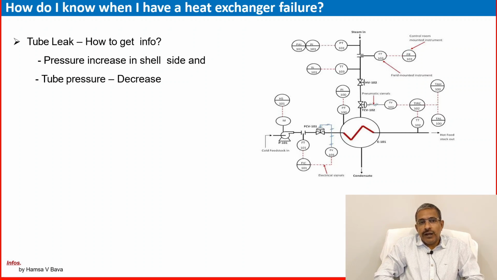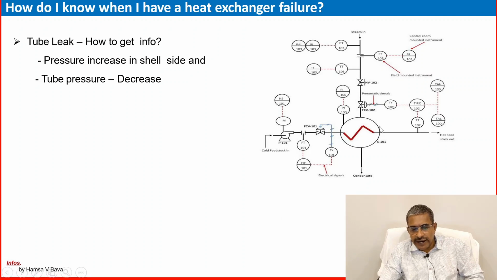We provide instrumentation like pressure sensors and temperature sensors, pressure monitors, pressure indicators and temperature indicators. From that we will get some information. That's why I have added an instrumentation drawing here. See, this is the tube side inlet, the tube side outlet, the shell side inlet and the shell side outlet. Some readings you can take here.